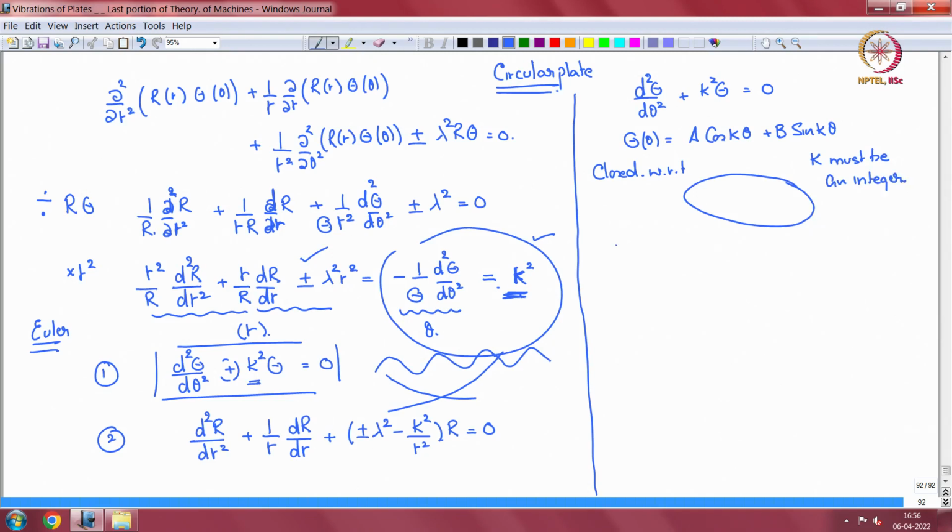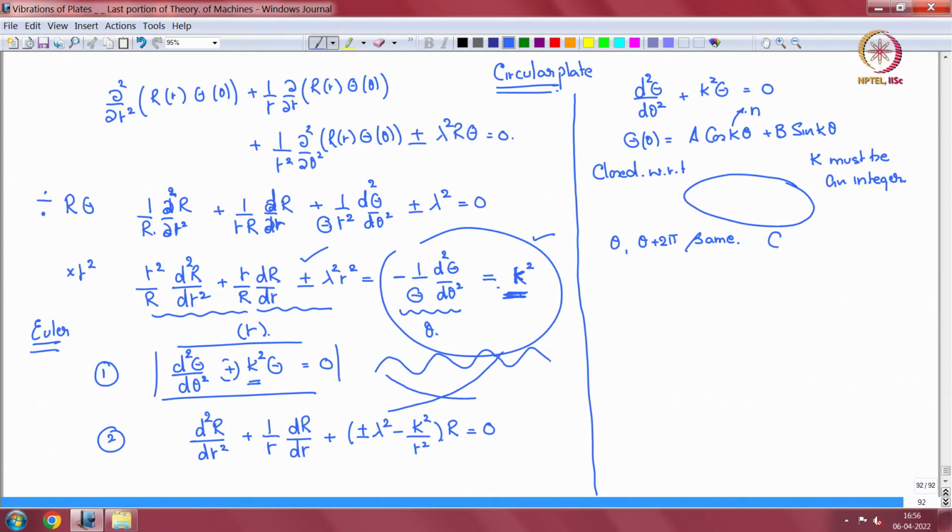Why? Because the displacement at theta and theta plus twice pi must be the same. And this can happen only if k is an integer, let's say n.